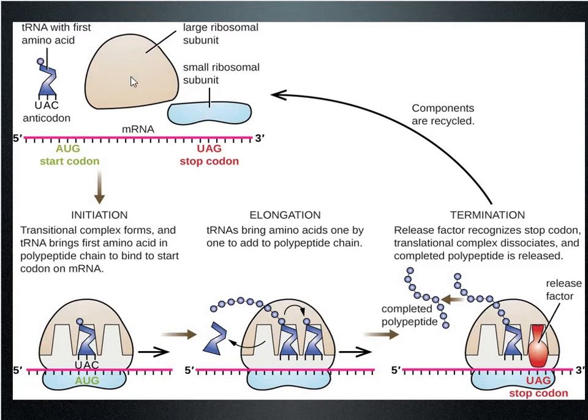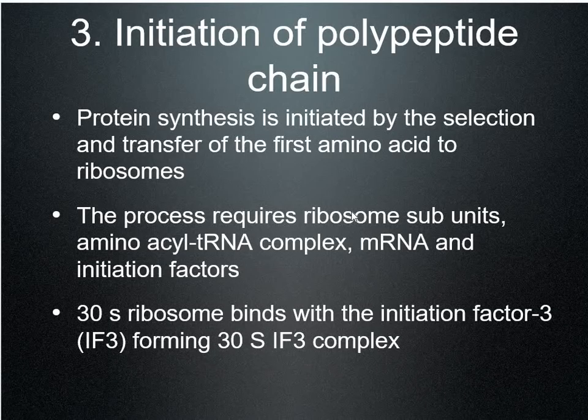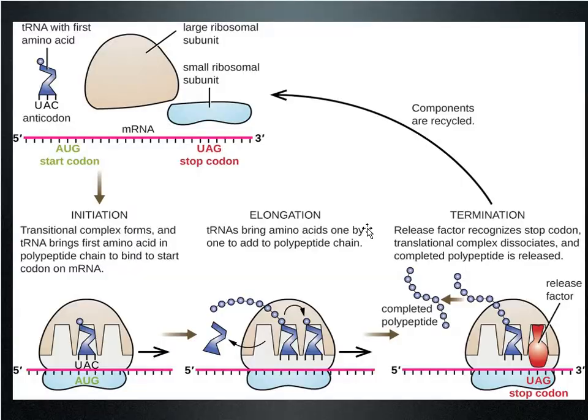So these are the two subunits. The smaller unit is the 30S unit. At first, the IF3 factor will come and bind with the ribosome, forming the 30S-IF3 complex.